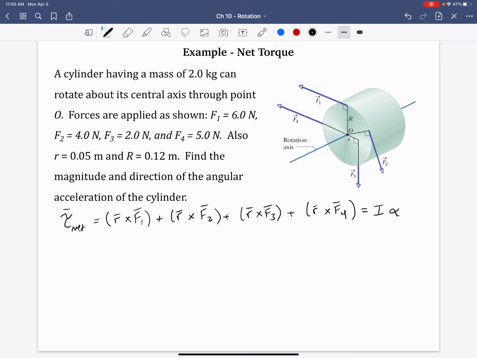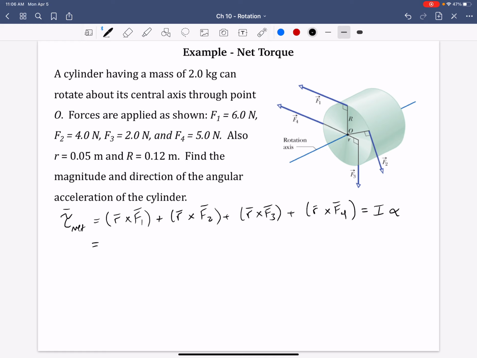It's the object's resistance to change in its rotation. And alpha is the chapter 10 analog to a. So this is one giant Newton's second law for rotation. Let's go through it and write down each of the torques here.